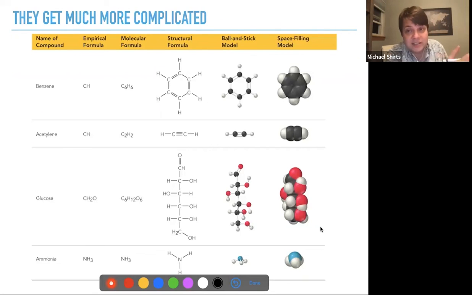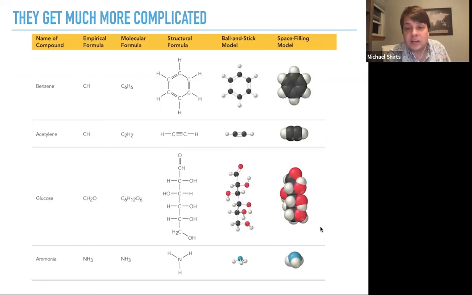In this case, you start to see double bonds and triple bonds, then the ball and stick model, and space filling model. As you can see, there's a lot of information in the structural models and in the space filling models that is not in the molecular formula. So which representation do we use? It really depends on what you are trying to do at the time. So a little bit on representation of molecules.